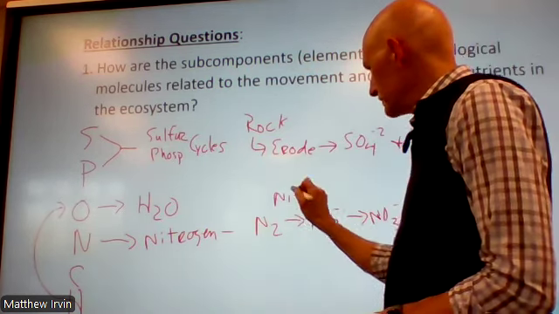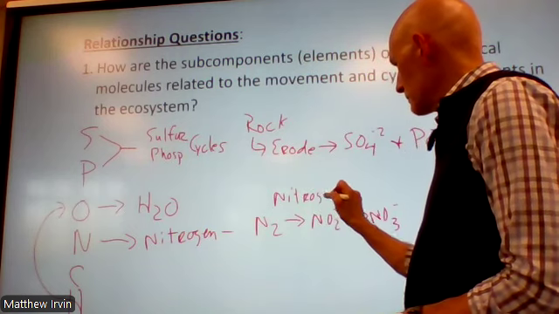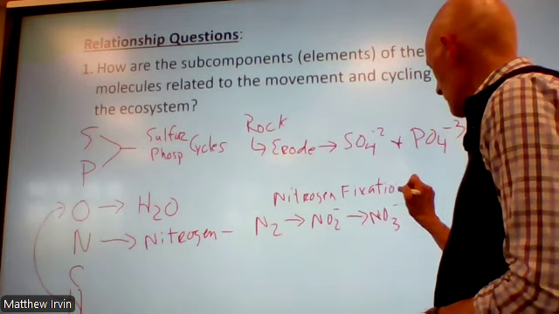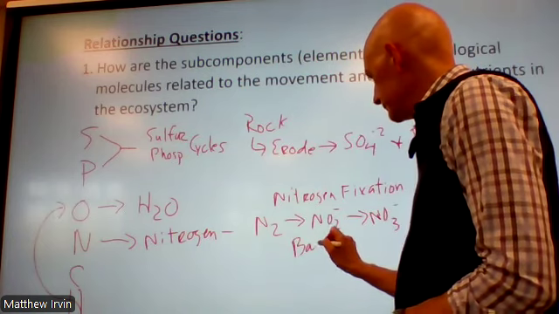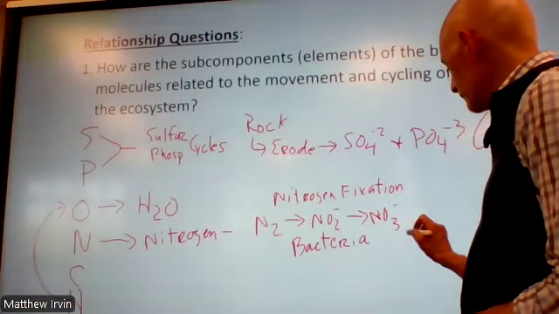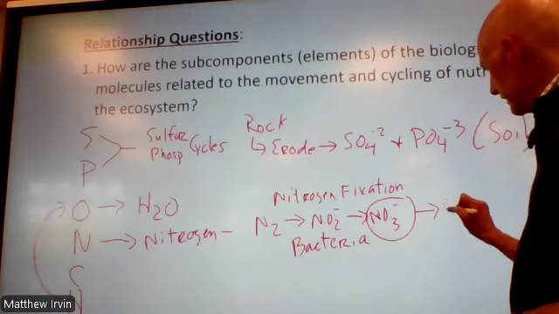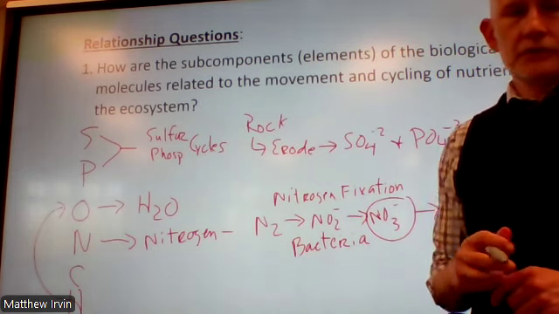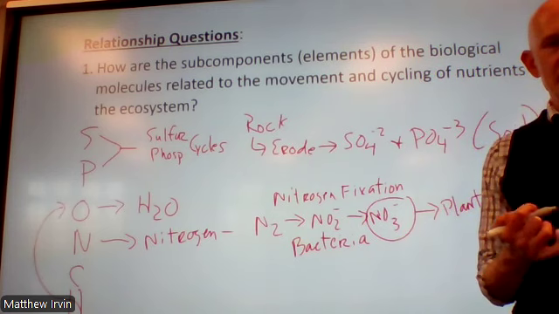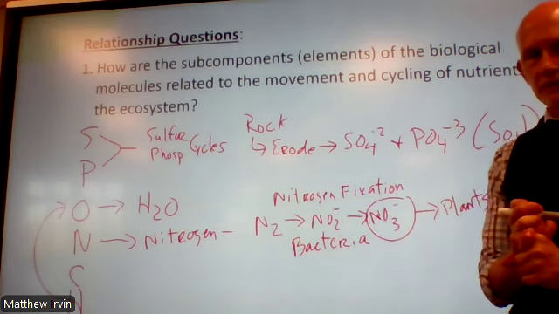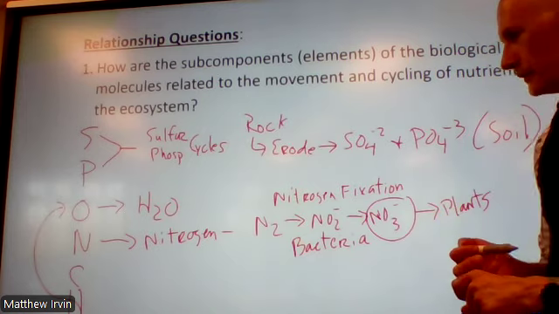This is nitrogen fixation. This is done by bacteria. The nitrate then goes into plants and it cycles through, and the plants make it into amino acids and nitrogenous bases, and then that cycles through your food chain and your food web.